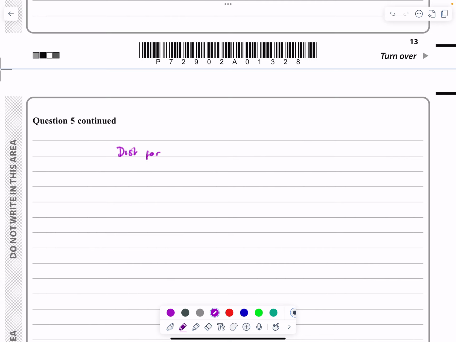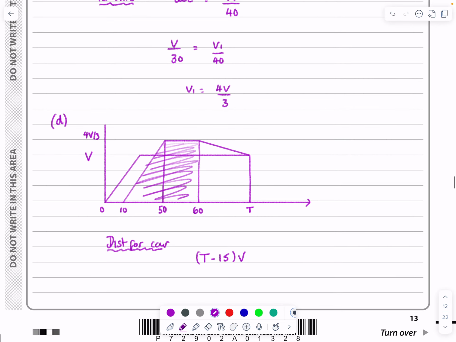Distance for bike. And then that's simply going to be 2 trapeziums. So it's going to be half A plus B times H plus half A plus B times H. So if we're looking at this one here, what we've got is that length there is 50.